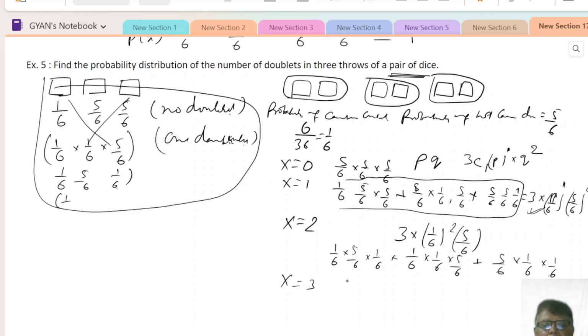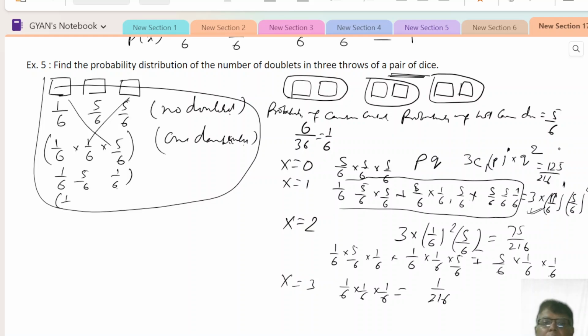So 3 doublets, that is 1 by 6 into 1 by 6 into 1 by 6, so that will be 1 by 216. This will be 75 by 216, and this is 125 by 216.